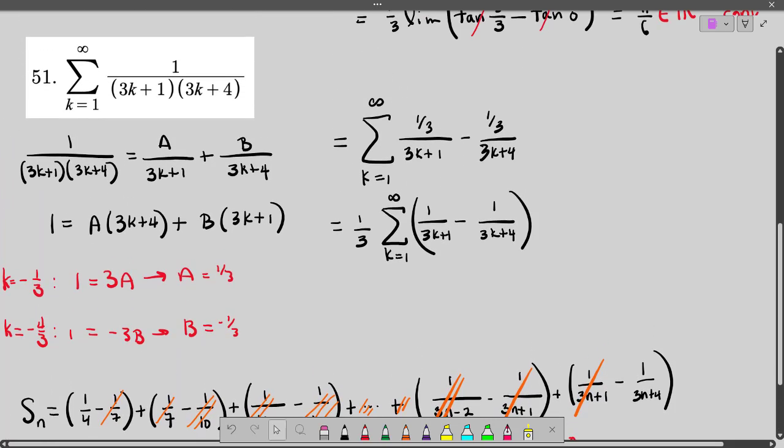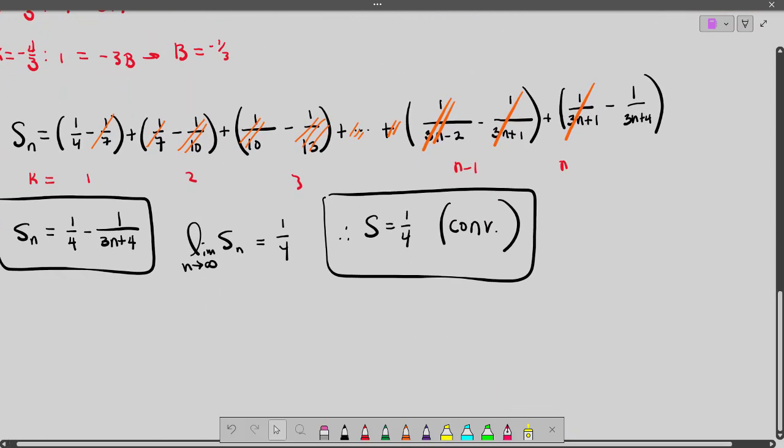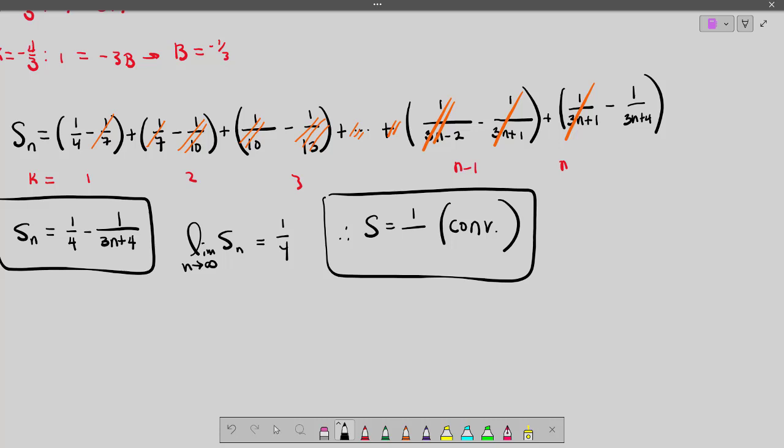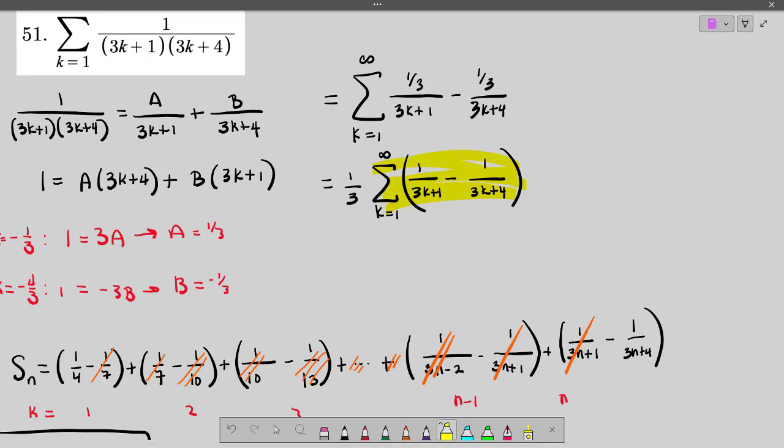So if the question said, what does this series converge to? Yes, we multiply it by 1/3 to get 1/12. Yeah, thank you for saying that. So this 1/4 is only for this part of it. If the question said, what is the sum of the original series, it would be 1/12.